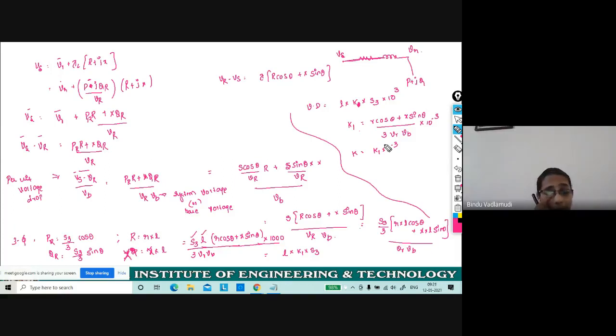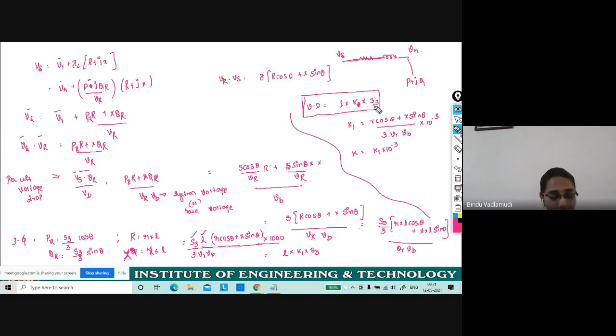So the resultant voltage drop in simple terms is equal to L into K into S3. This is what you have to remember, because it is useful to us in the next case. Is it clear? L into K into S3.